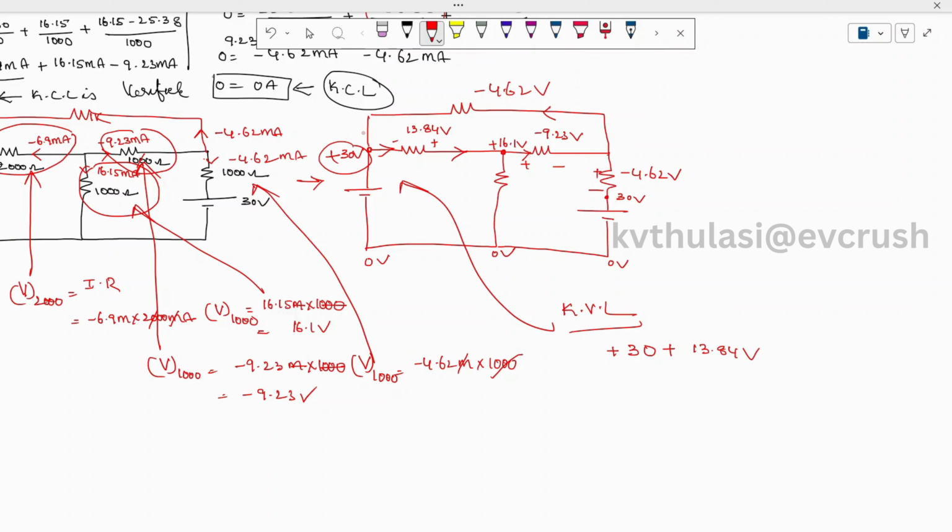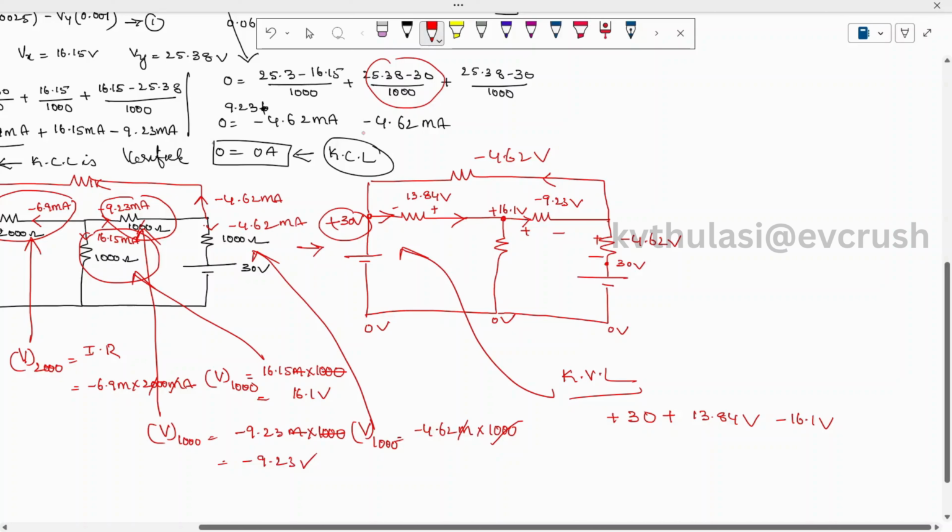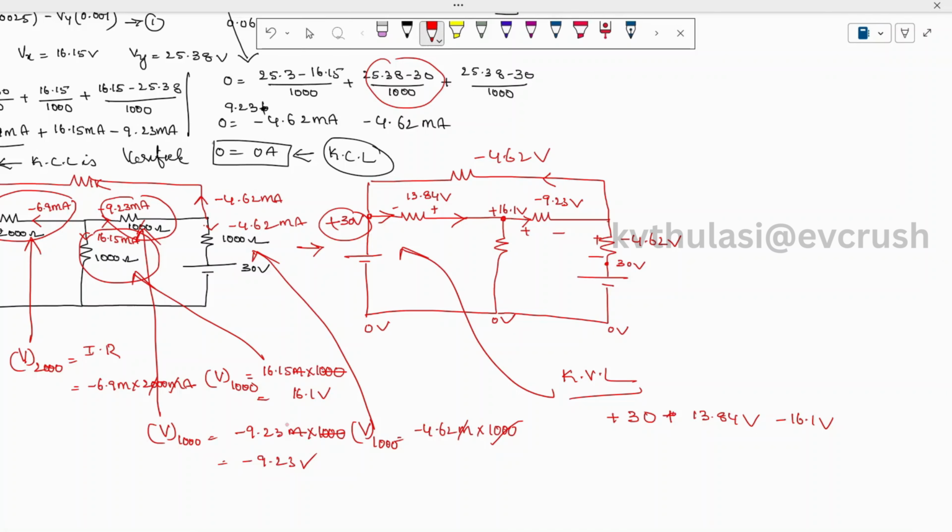And here this leaving is minus 16.1 volts. So when you see here, the polarity of this one is, when you multiply here, you are going to get it as a minus 13, will be called as minus. That is equal to 0. So this is 30 and this is minus 13 and minus 16, you are going to get 0 volts.